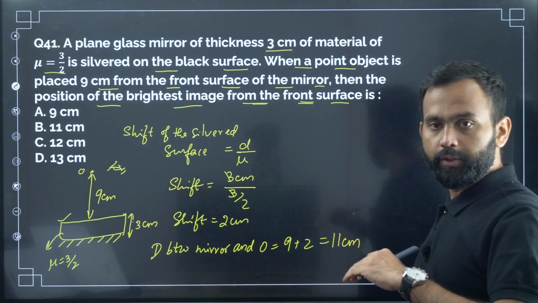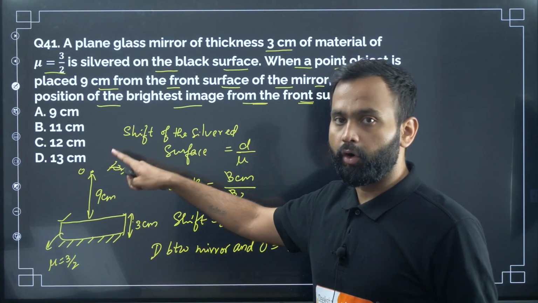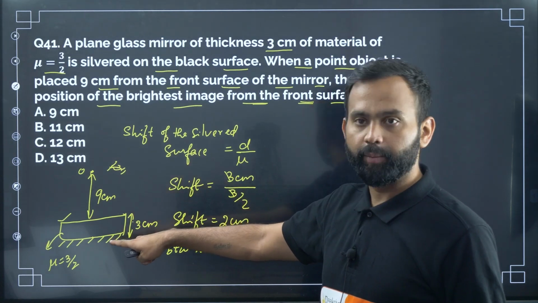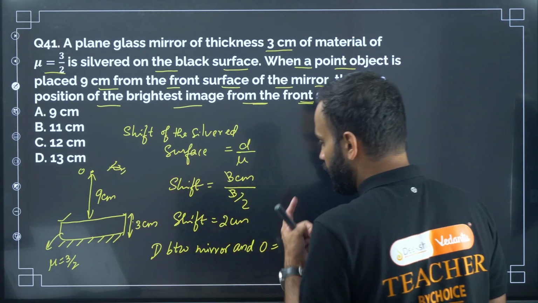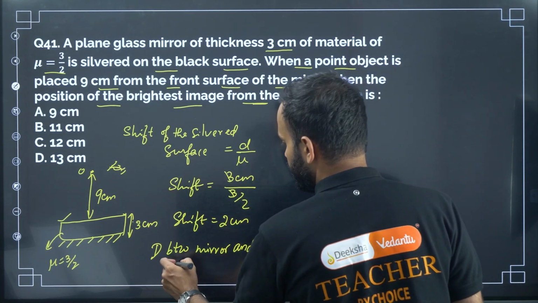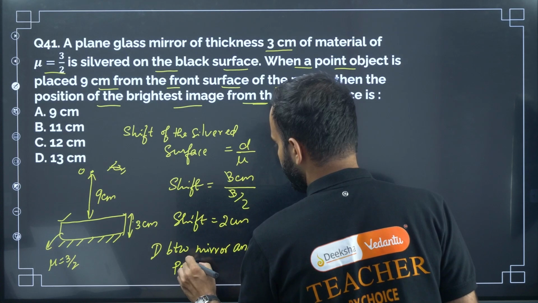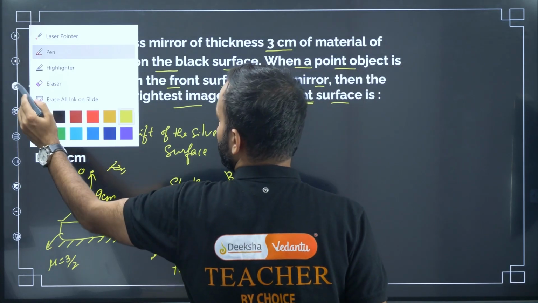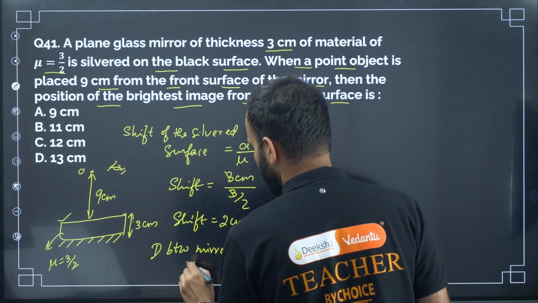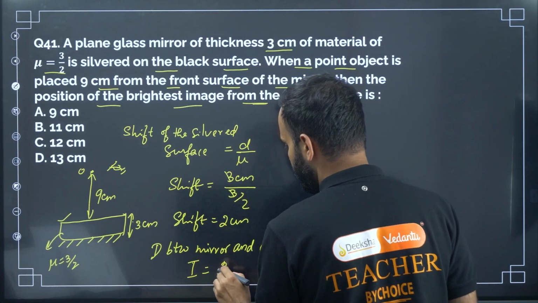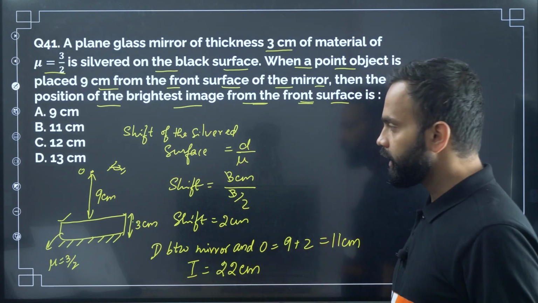We know that for a plane mirror, the distance between the object and the mirror is the same as the distance between the image and the mirror. So the image distance equals 11 plus 11, that is 22 centimeter.